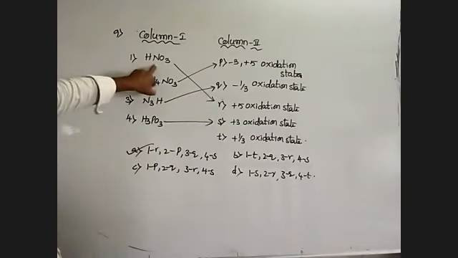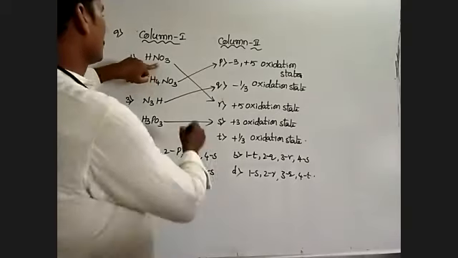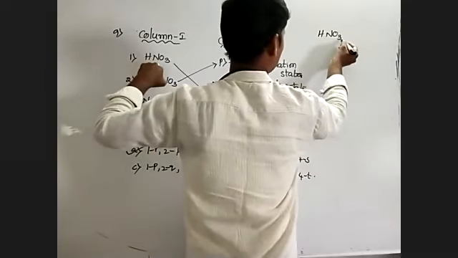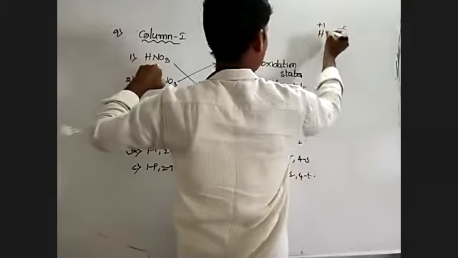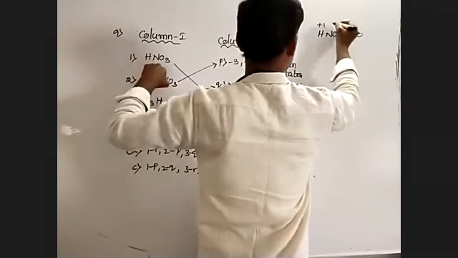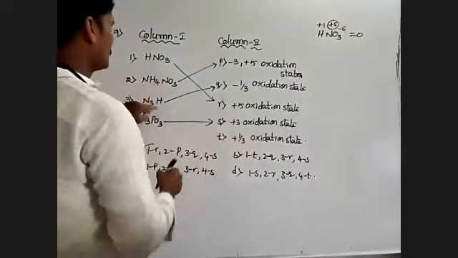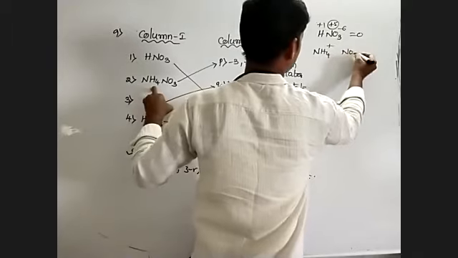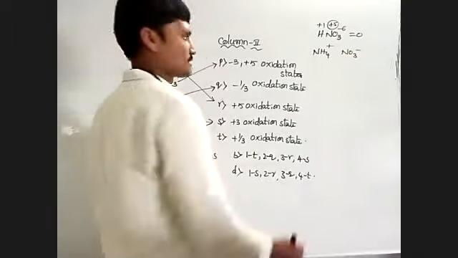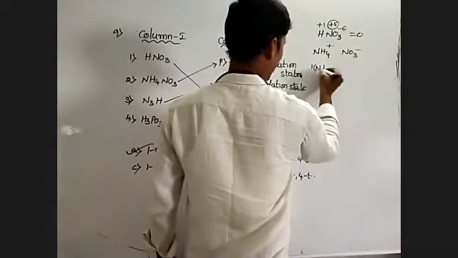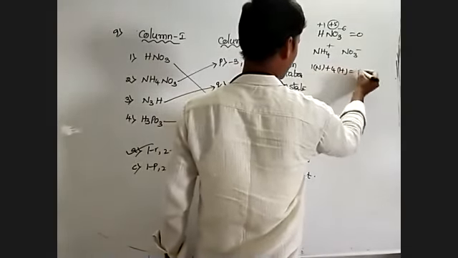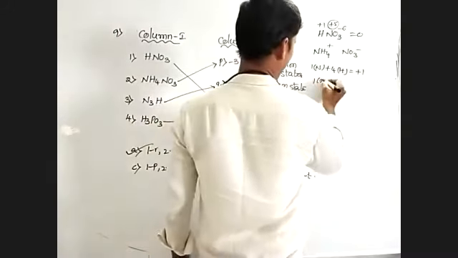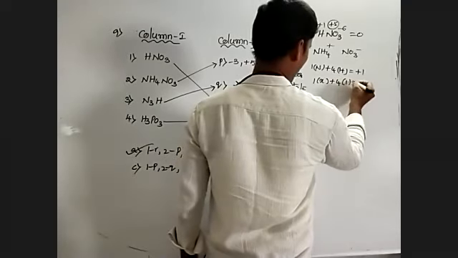So HNO3. 2 into 3 is 6. That means minus 6 plus 1, equal to 0, so plus 5. So plus 5. NH4 plus NO3 minus. In NH4 plus, 1 nitrogen, 4 hydrogens are given, that is equal to plus 1. Why? Because the plus charge is present. So 1 into X plus 4 into 1 is equal to 1.